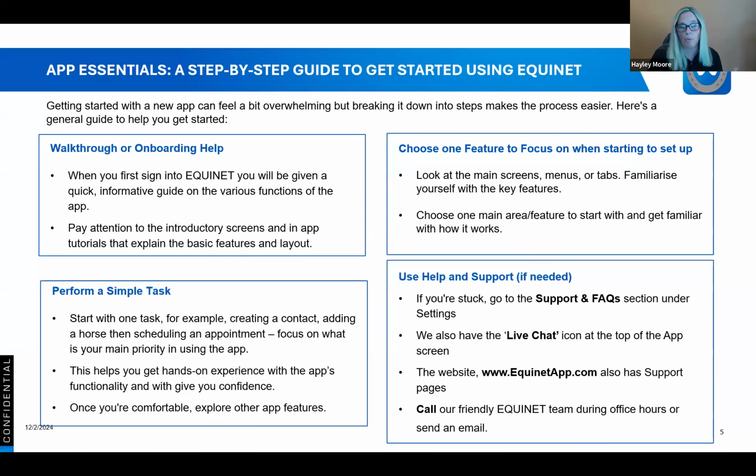Perform a simple task. So start with one task: you could create a contact, add those horses to the contact, and then schedule an appointment. Focus on what your main priority is in using the app, and that will give you hands-on experience with the app's functionality and will give you confidence. And then you can look at other app features.